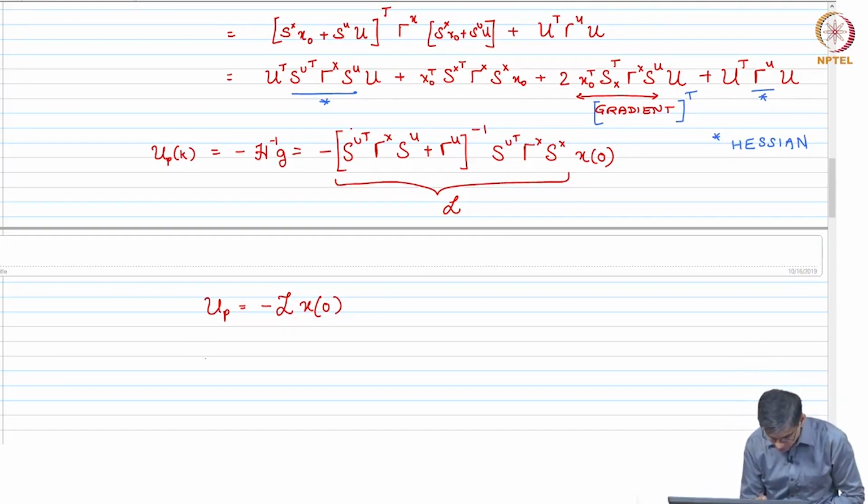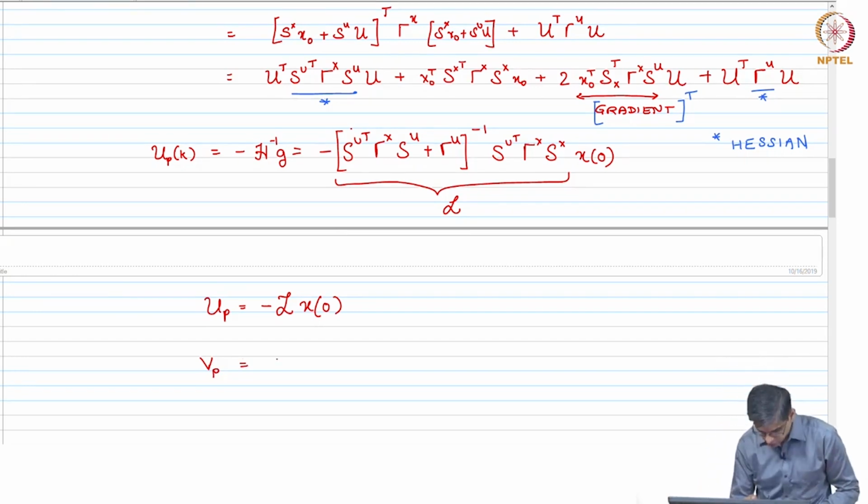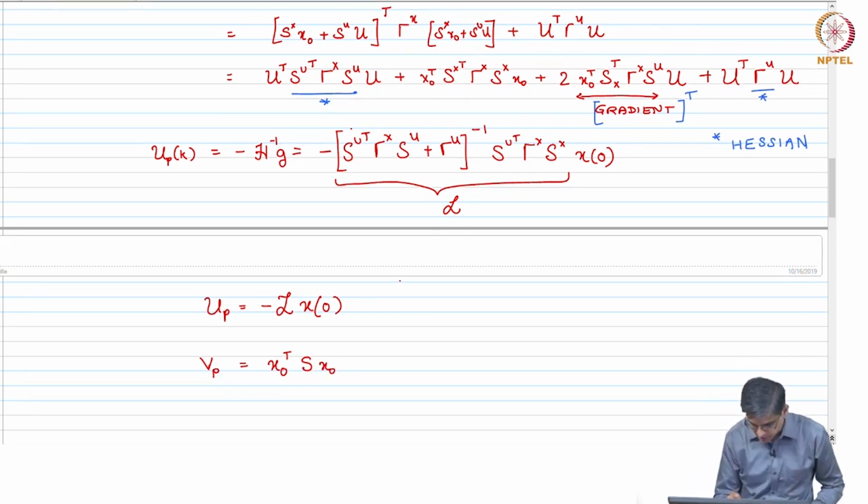So, the objective function, let us call it V, P horizon objective function, okay, is going to be x naught transpose some S multiplied by x naught, okay. And these are two important results.